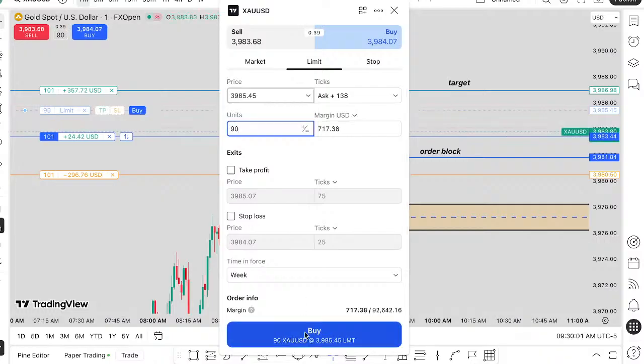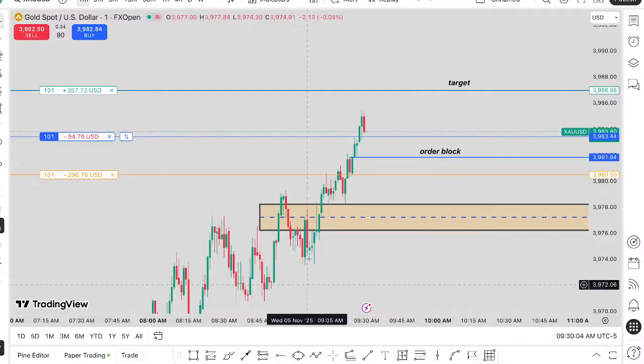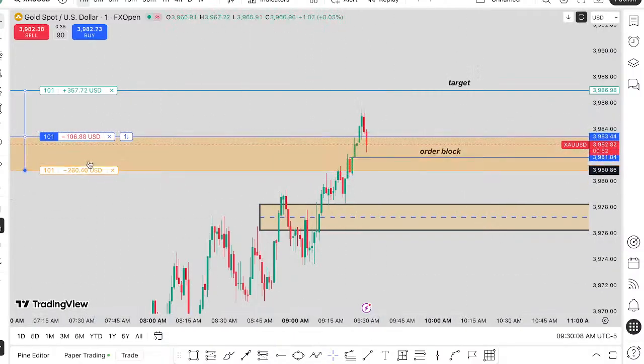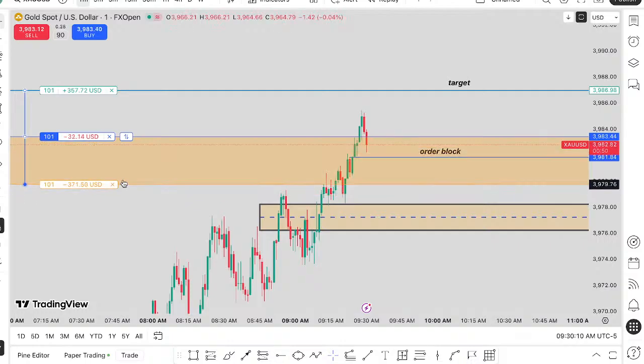Ninety units should be closed here. So if they came down, then it's not a good chance, not a very good one.